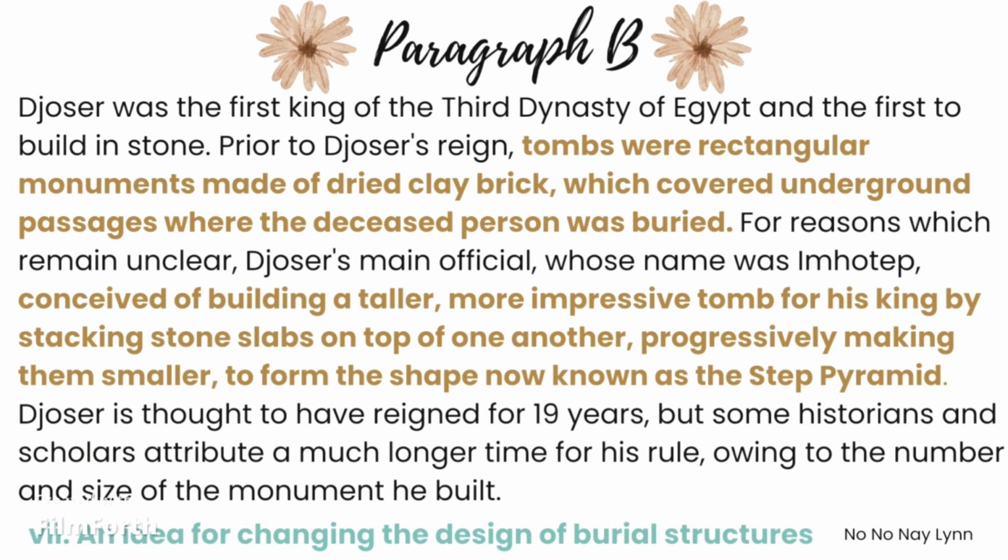What used to happen in the past, the architect conceived of building a taller, more impressive tomb, progressively making them smaller to form the shape now known as the step pyramid. So this one is like the new revolutionary design, but the first one is what happened before this time. So the final answer is an idea for changing the design of burial structures.